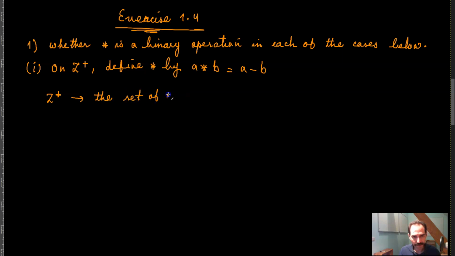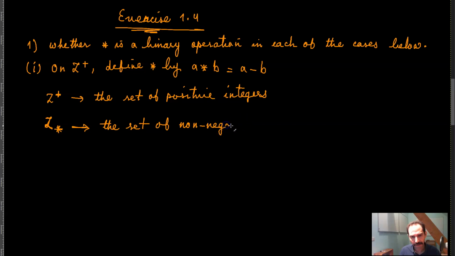And in the same text, the other agreement that I have come across is that if you write, for example, Z star, what that means, at least in this text, is the set of non-negative integers.